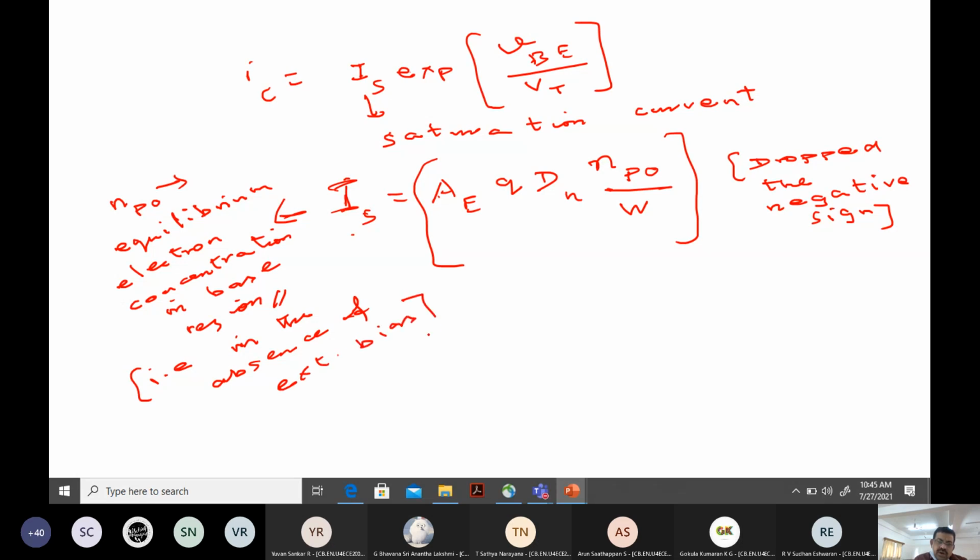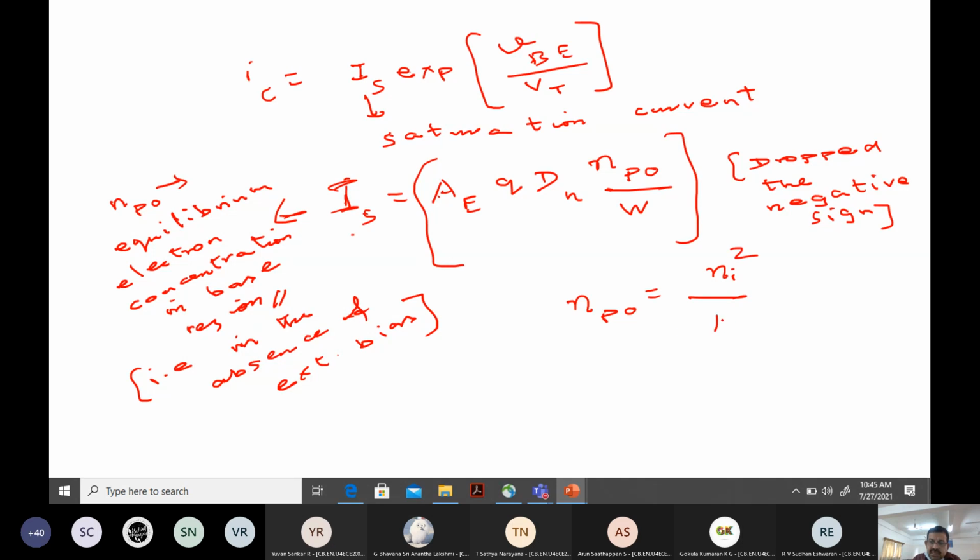The whole concepts that were explained for the case of the diode seamlessly integrate over here. So now NP naught is nothing but, we know the doping profile, NP naught will be nothing but Ni square by PP naught.